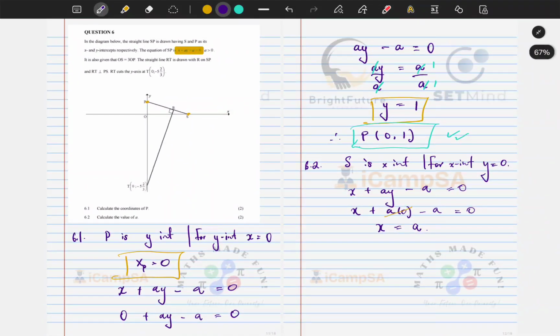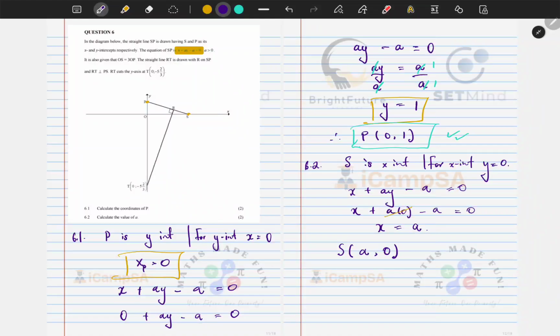Therefore, it means that your S is going to be (a, 0). So why is this important?